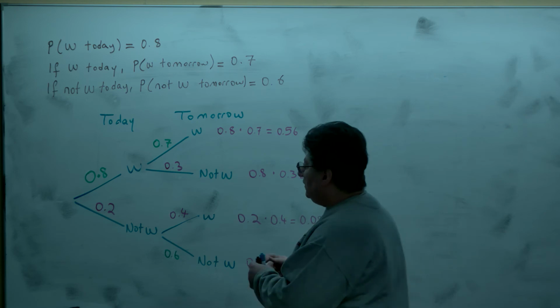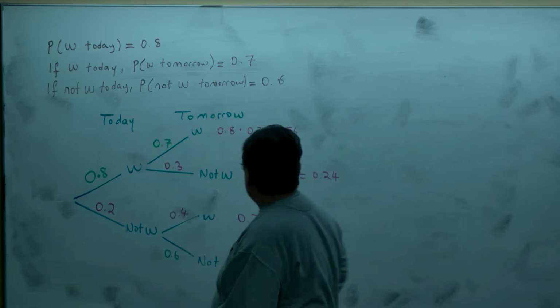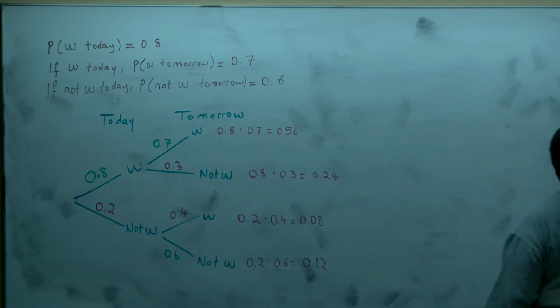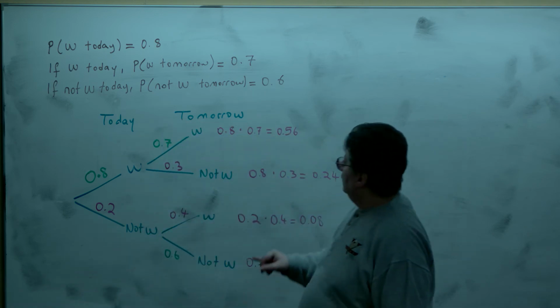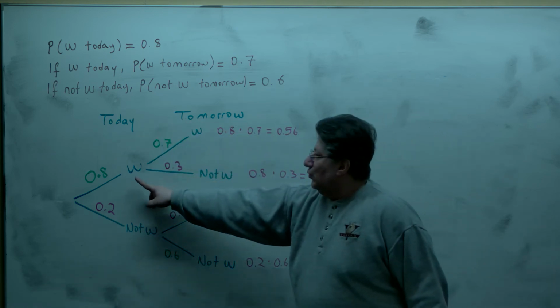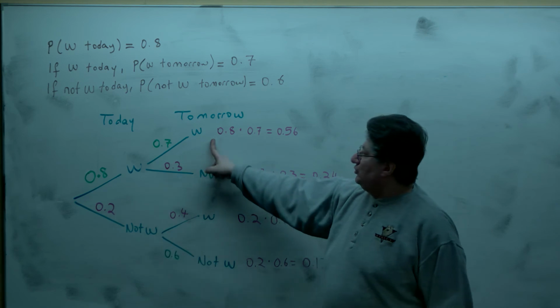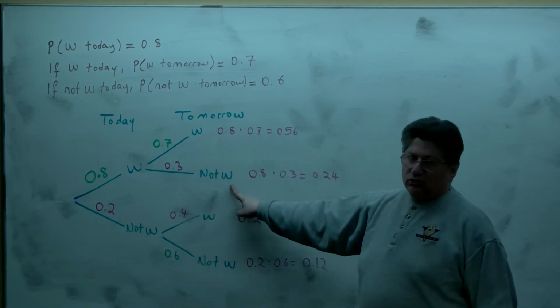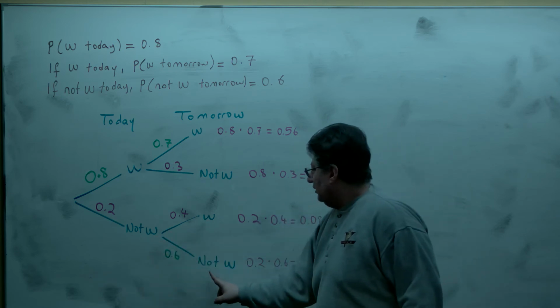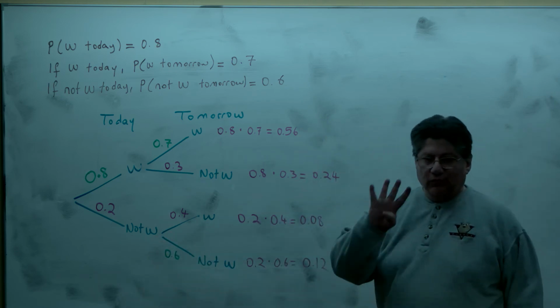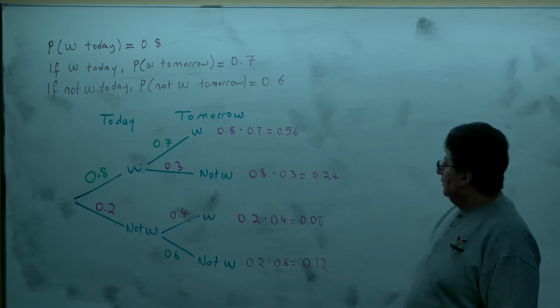Now we will start asking questions. But let's first do a little analysis. Wind today, wind tomorrow. Wind today, no wind tomorrow. No wind today, wind tomorrow, no wind today, no wind tomorrow. 4 different cases.